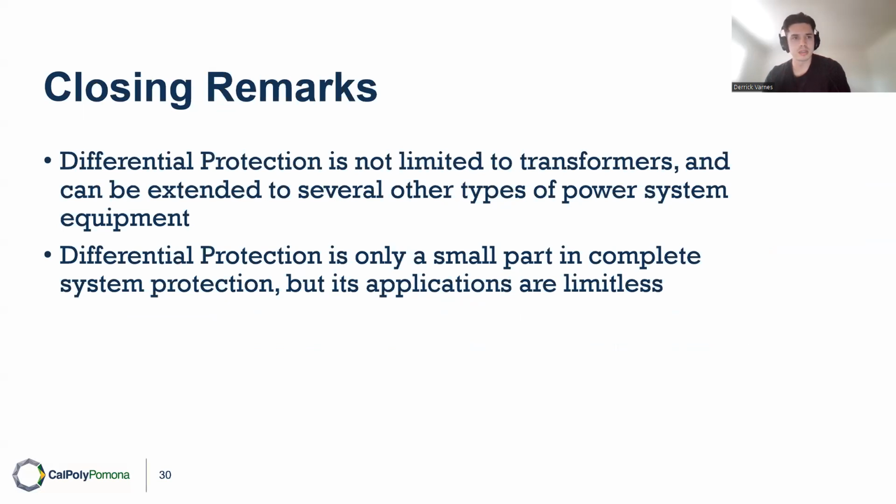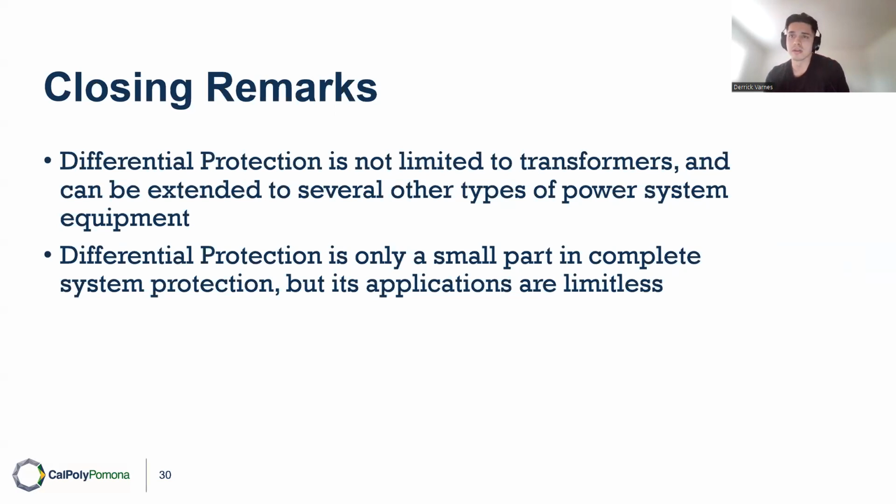Some closing remarks that I would like to make about the project. Our differential protection is not limited to transformers. You can, of course, extend that to several different types of power system equipment. And differential protection is really only a small part of complete system protection. The applications, of course, are limitless.